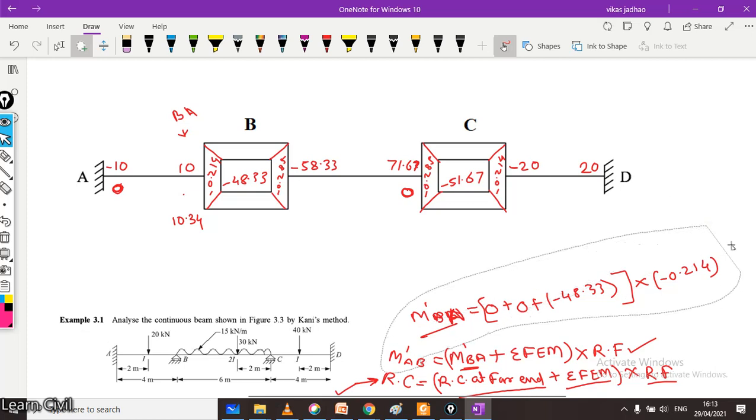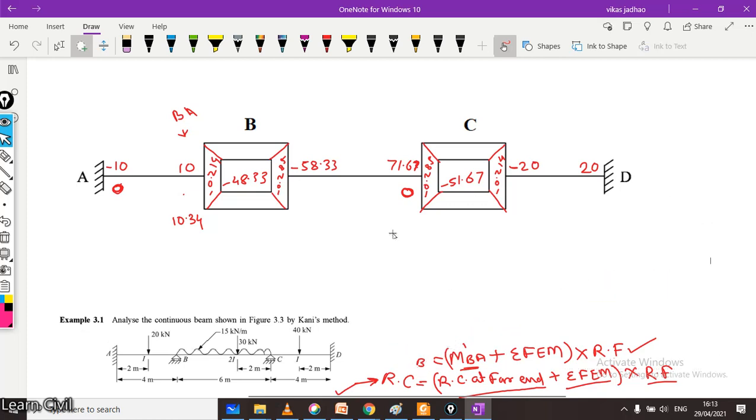Now we have to find out the rotation contribution for BC. So M dash BC is equal to rotation contribution at far end. This is the formula.